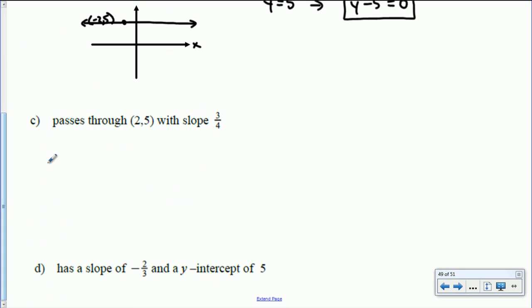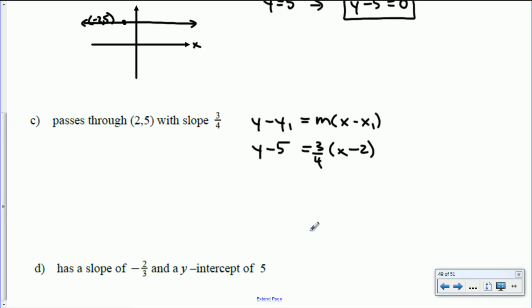Okay, on to 3c. Something that passes through 2, 5 with a slope of 3/4. So if we have a point and the slope, we should use point slope form, y minus y1 equals m times x minus x1. Put that in for m, so that's 3/4, x minus 2, and y minus 5, and simplify.